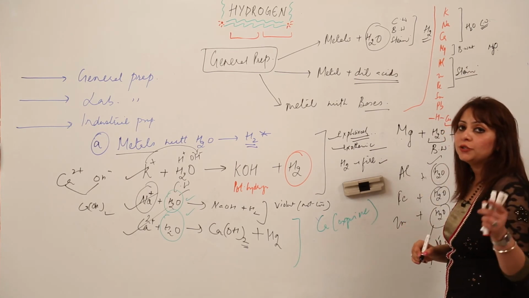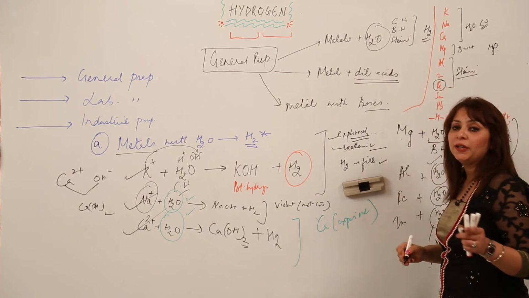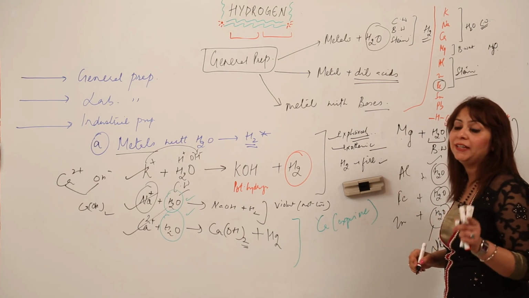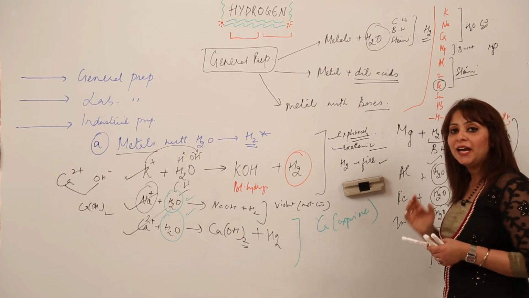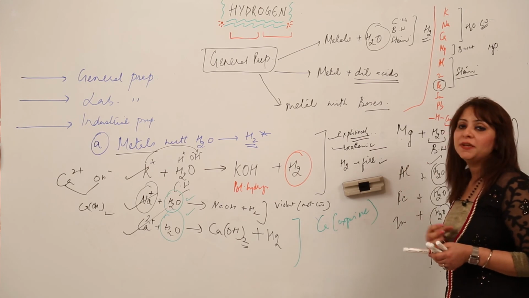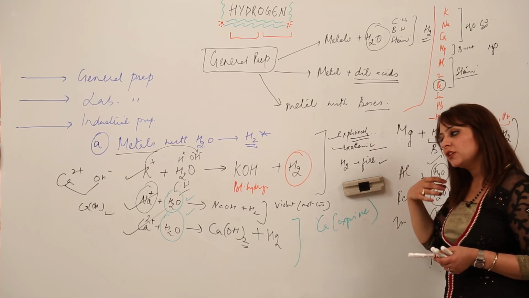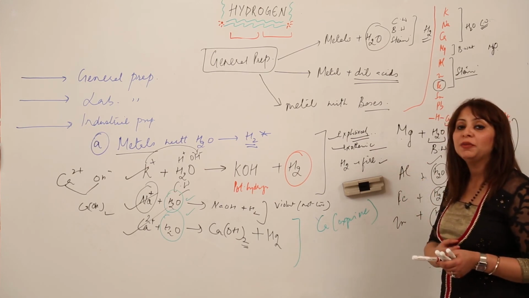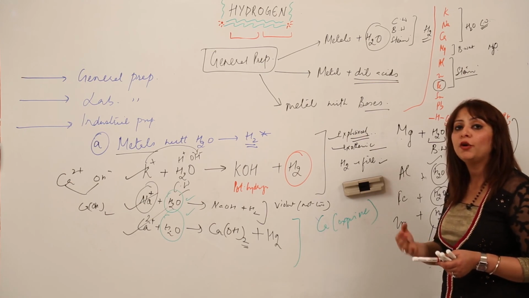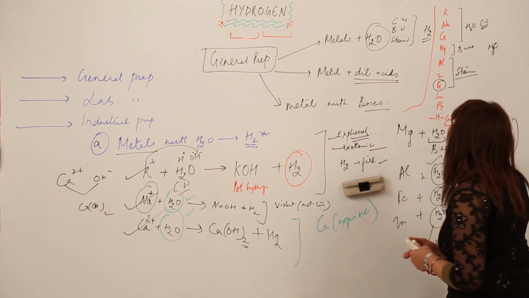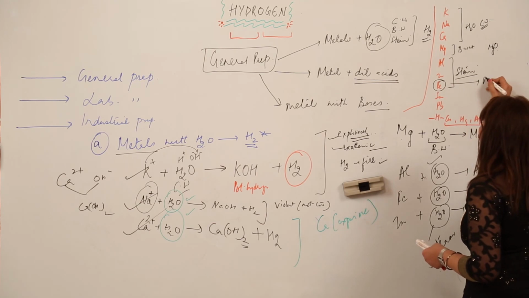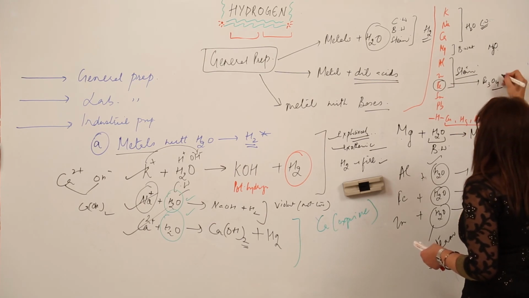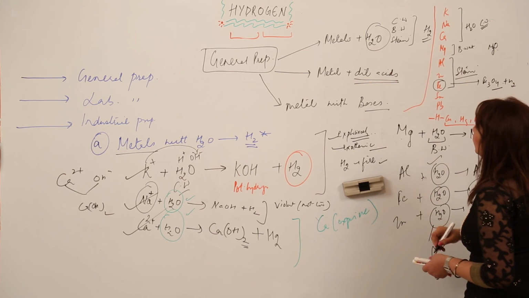And I told you, you need to remember that iron forms the ferric oxide. I am repeating this again and again because this is the major mistake you all make. You have to form the oxide, but you all form ferrous oxide, and that is wrong. So you have to form the ferric oxide, right? Along with this we get H2.